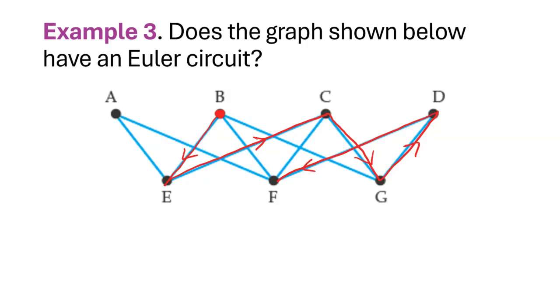And if I go to A, it forces me to go down to E, and then at that point I have nowhere to go and I didn't cover everything. So technically I cannot go to C or A if I want to travel the entire graph. My only possibility is go back to B. But if I go back to B, I didn't really use all of the edges. So this is not an example of an Euler circuit. I wasn't able to do it.